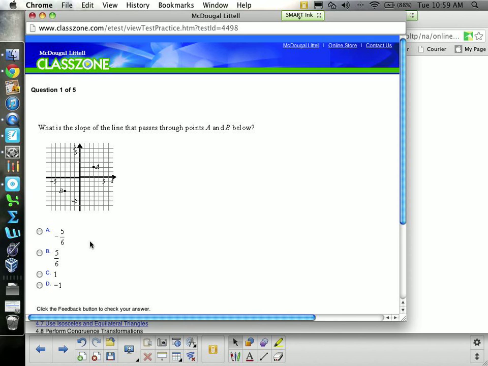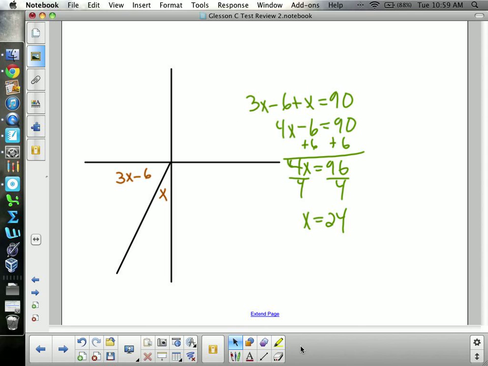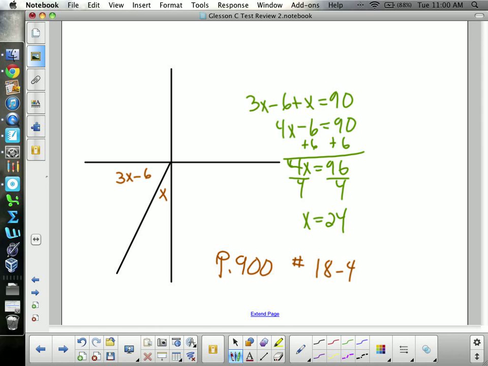You could look at those problems for 3.4 through 3.6, which are 18 through 46. Do any or all or as many as you feel comfortable with until you feel like you're ready for the test. That's not an assignment, but those are problems you could work on if you need a little more extra practice.